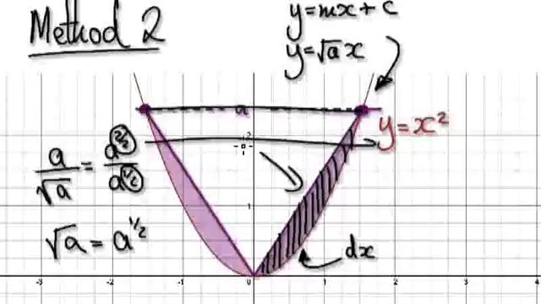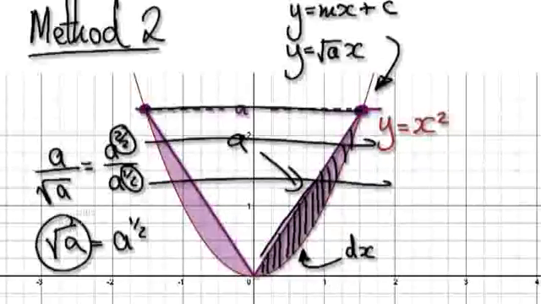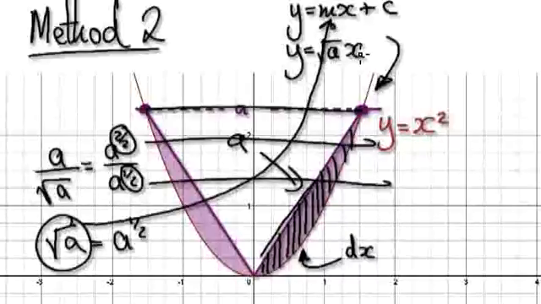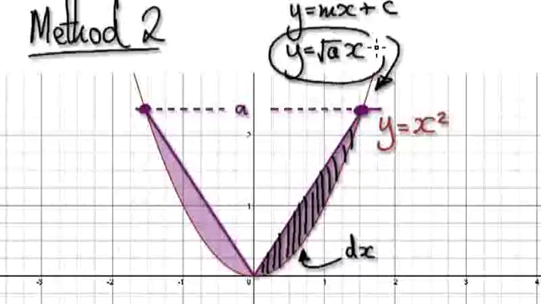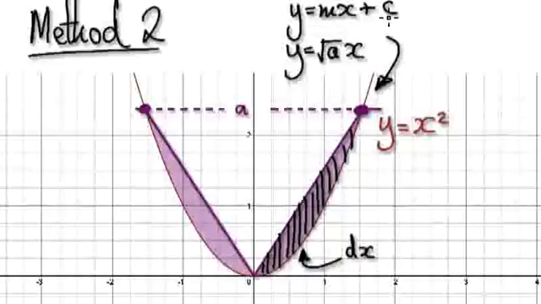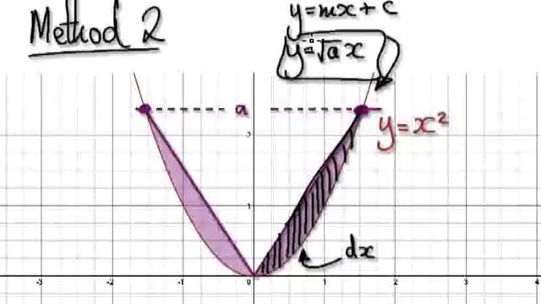A could be here, A could be here. Regardless of where A is, the gradient will always be root A. So now that you know the gradient, you can put it into y equals mx plus c. You know the intercept here is 0, it goes through the origin. So the equation of this line here is y equals root A times x.